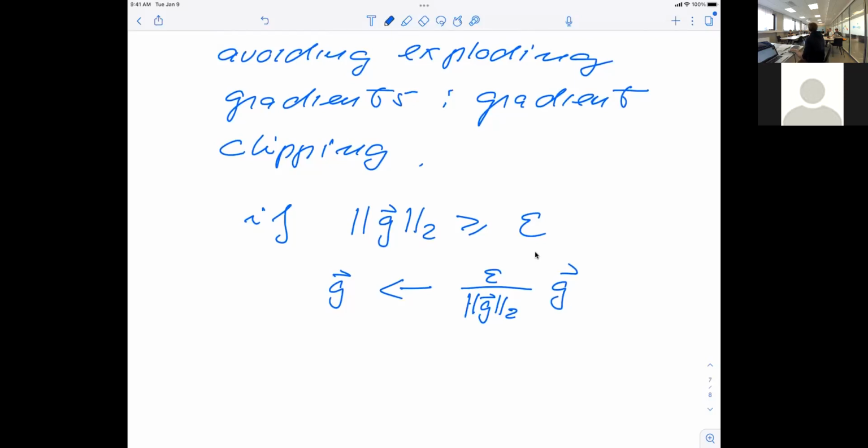So you just reset the value to a maximum value. And that's it. It's as simple as that.